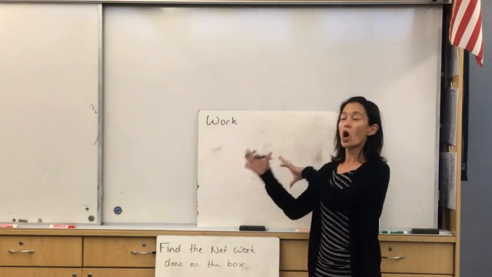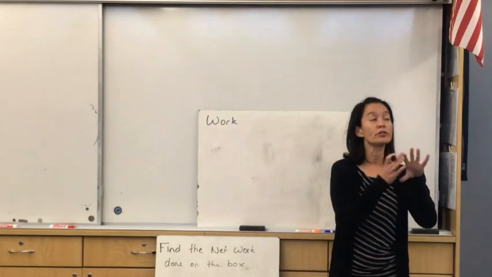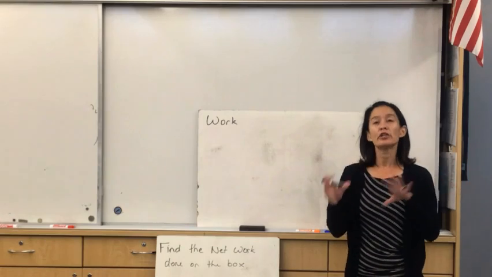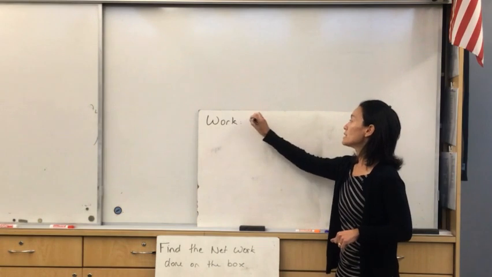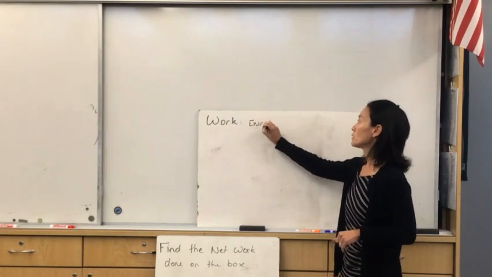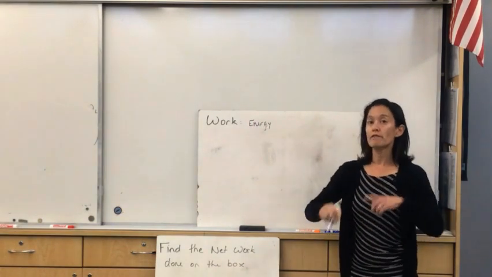How does one object exert a force on another object? How does that happen in terms of energy transfer? So work, by definition, is energy transfer from one object to another object via a force.